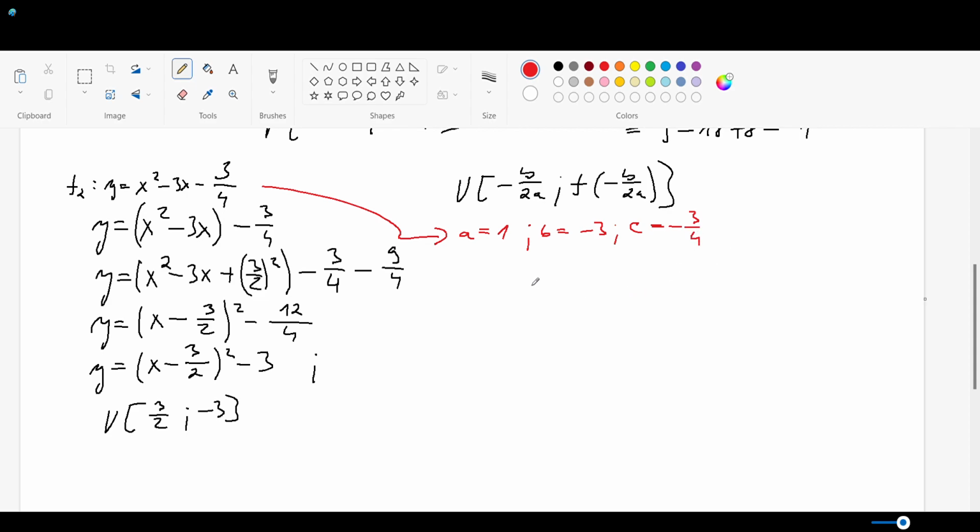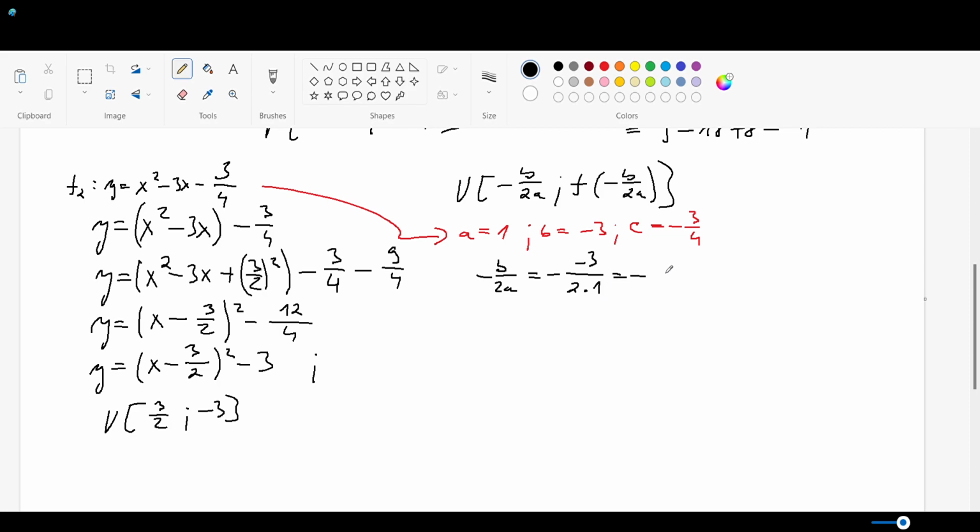Negative 3 over 4. Now the x coordinate is going to be calculated from the expression negative b over 2a. For these coefficients, negative b is negative 3, and 2 times a, sorry, not 2 times a, but 2 times 1.